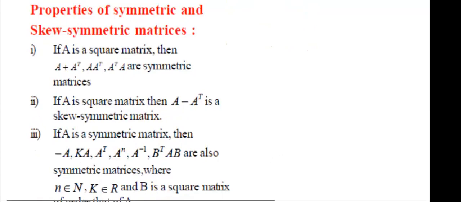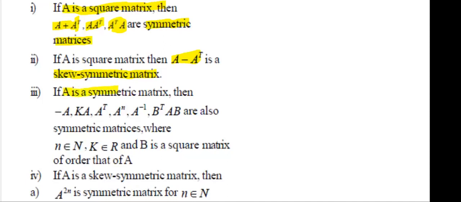See, if A is a square matrix, then A plus A transpose, A A transpose, A transpose A are symmetric matrices. If A is a square matrix, then A minus A transpose is a skew symmetric matrix.